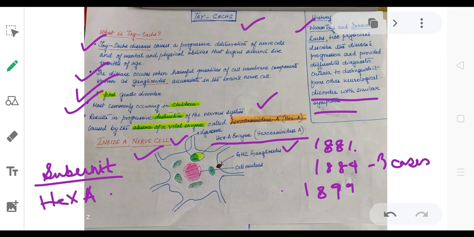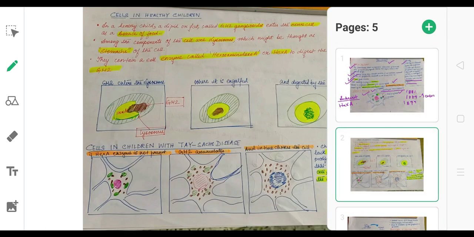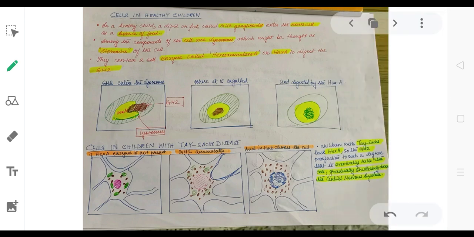So what is happening in a normal individual and what is happening in an individual with Tay-Sachs disease? In healthy children, a lipid or fat called GM2 ganglioside enters the nerve cell as a source of food.